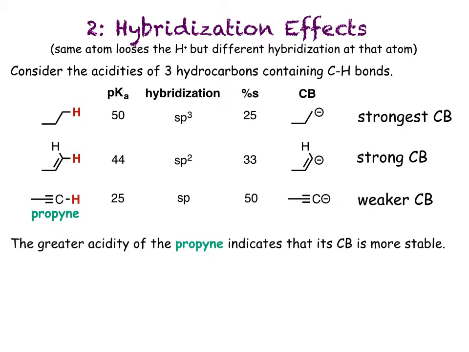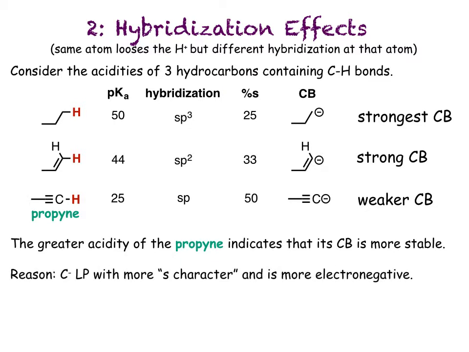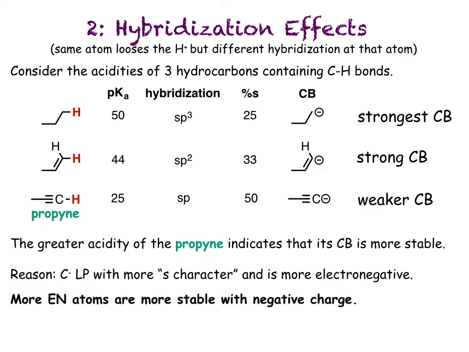So there's a greater acidity for propyne, and that's indicated by the pKa, and that's because the conjugate base is more stable, because the carbon that bears the negative charge has more s character. And the more s character of the carbon, the more stability. We say that with more s character, the carbon is going to be more electronegative, so it's more stable when bearing the negative charge.